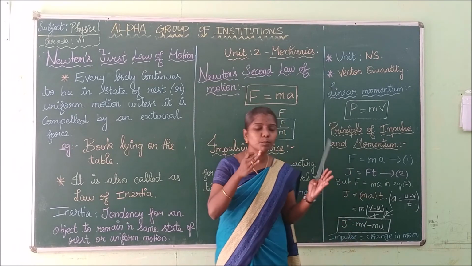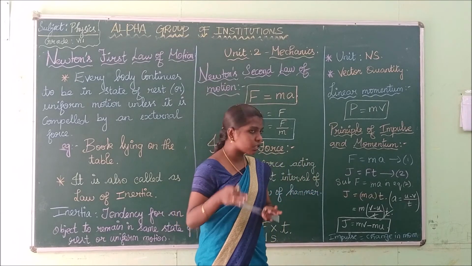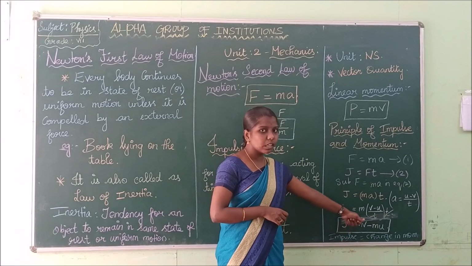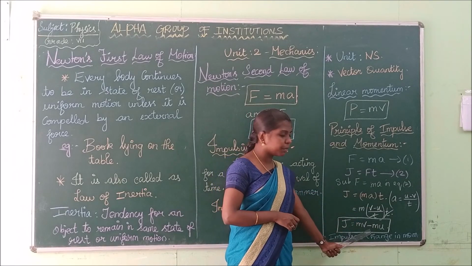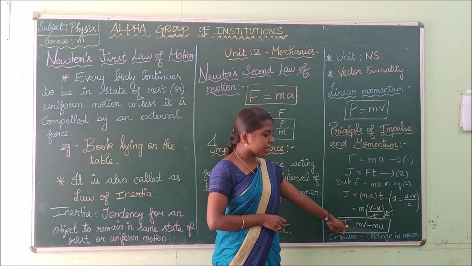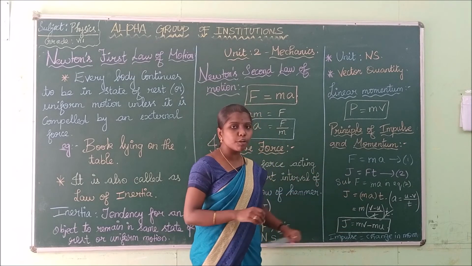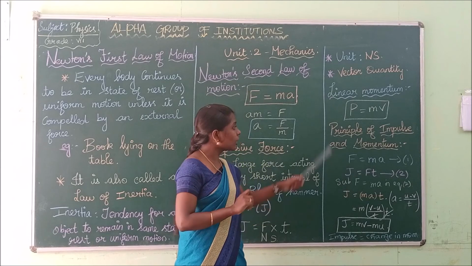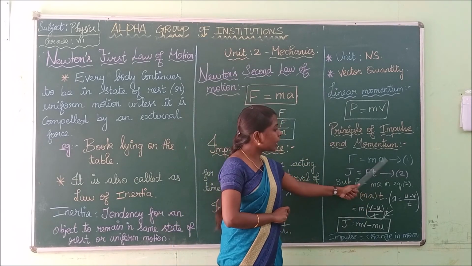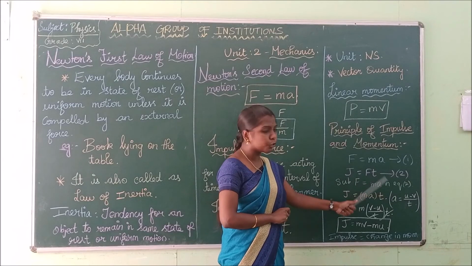We have equated impulse and change in momentum. J is equal to mv minus mu. See here, impulse is equal to change in momentum. This is called the principle of impulse and momentum. From Newton's second law of motion, F is equal to ma, and impulse is equal to force into time.